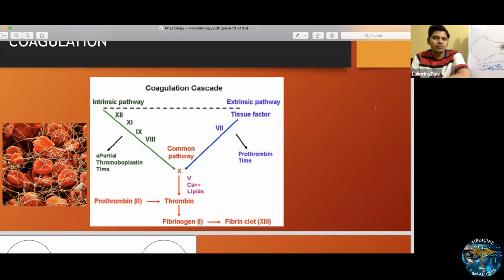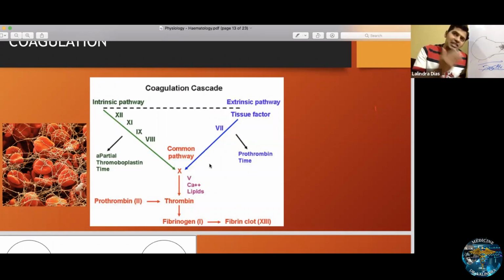Guys, these pathways are individually tested. Say, for example, the extrinsic pathway, where you have factor 7, any defect is detected by prolongation of the relevant investigation. So what is the relevant investigation in the extrinsic pathway? Doing the prothrombin time and INR, PT-INR. So remember, guys, in the extrinsic pathway, the most important coagulation factor is factor 7.